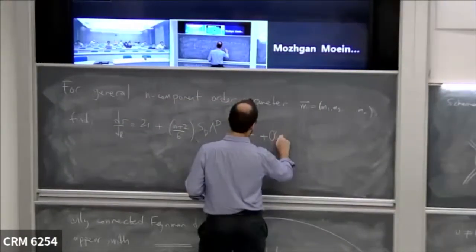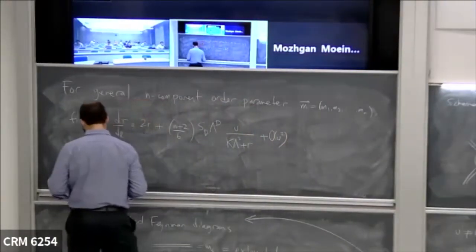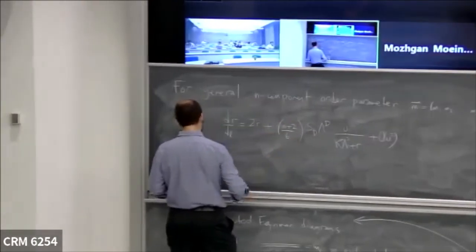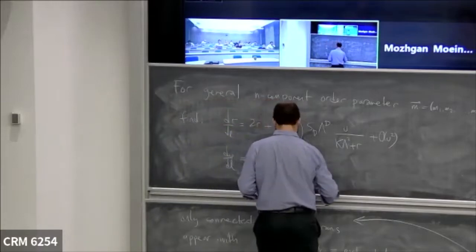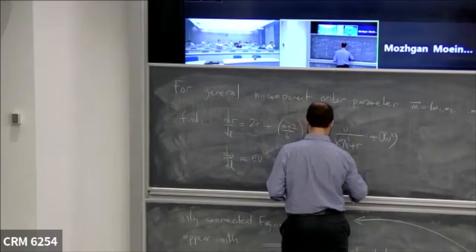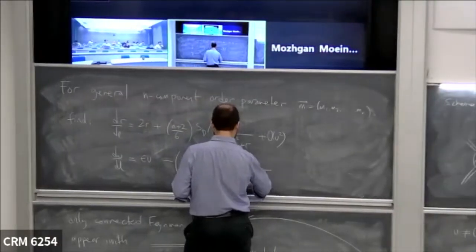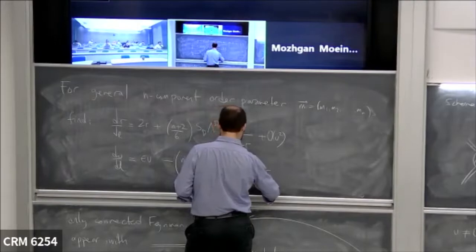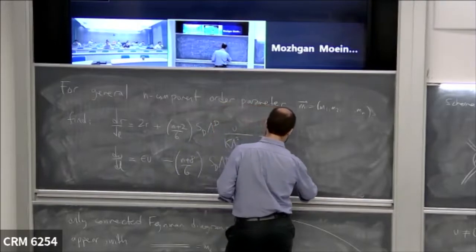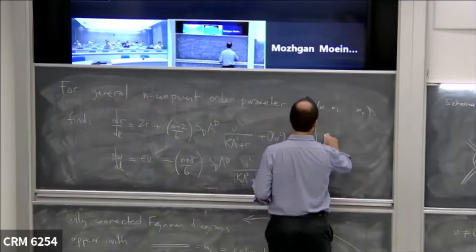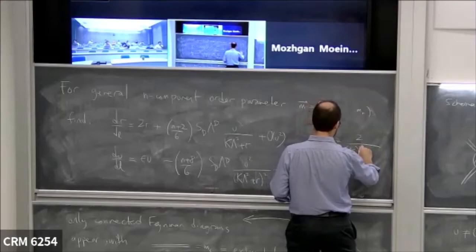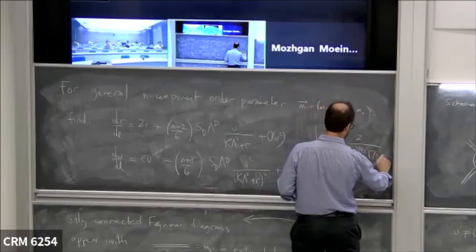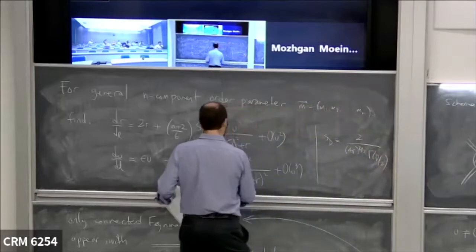So this is to linear order in the couplings, linear order in U. And then du over dl equals epsilon u minus (n plus 8) S_d lambda to the d u squared over (lambda squared plus r) squared, plus terms of order U cubed. This S_d is 2 over (4 pi) to the d over 2 times the gamma function of d over 2. So those are the flow equations.